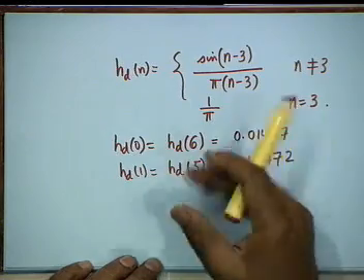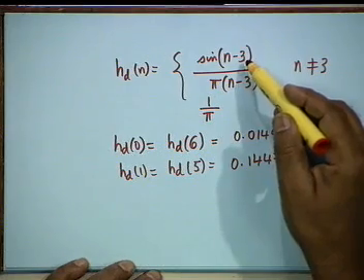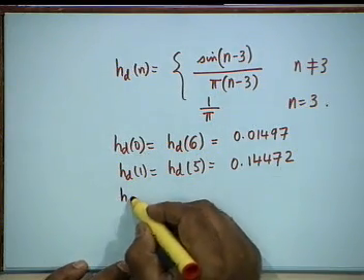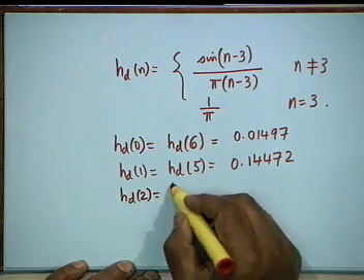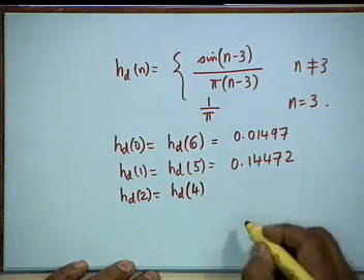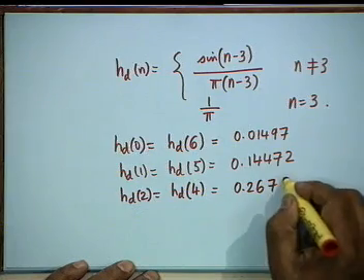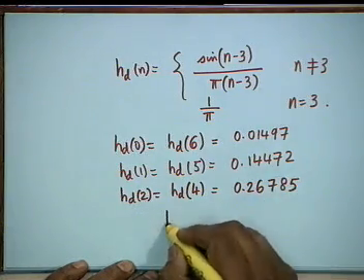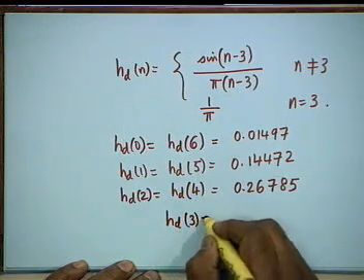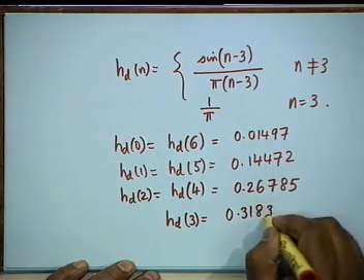If you are set to degrees, then you are going to make a lot of mistakes. This n minus 3 is in radians. Okay. h_d[2] is equal to h_d[4] equal to 0.26785, and h_d[3] is equal to 1 by pi, that is 0.31831.